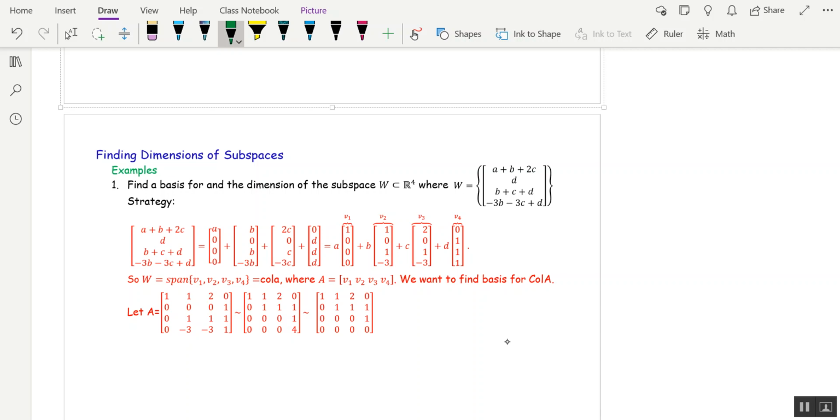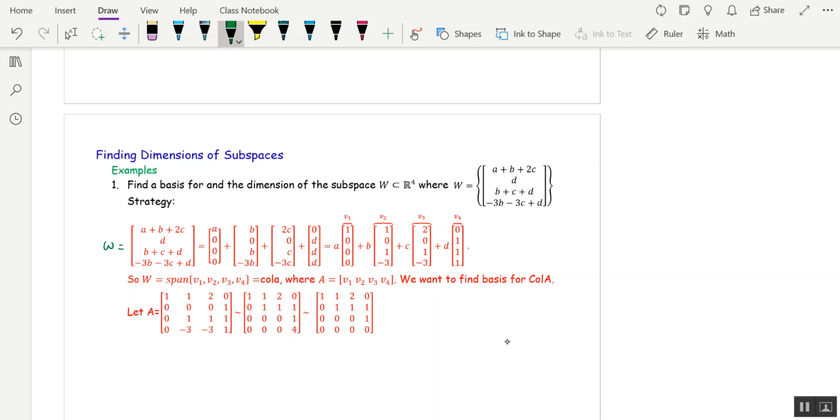The first thing I did is pull apart a typical vector in W, little w, into the a vector, the b vector, the c vector, and the d vector. Then I pulled out the parameters a, b, c, and d. That leaves me with 4 vectors, v1 through v4. W, by definition, is the span of those 4 vectors.